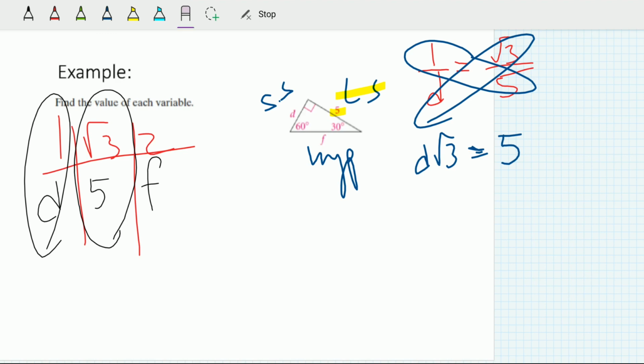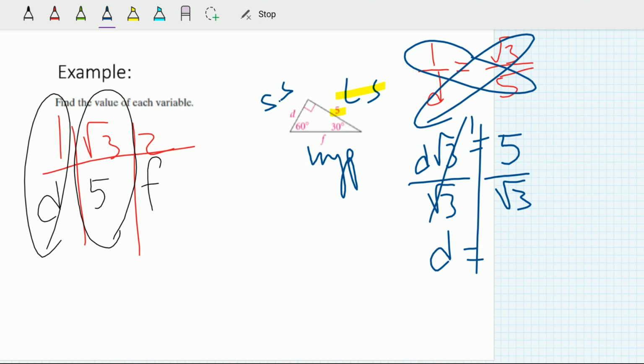So we have D square root 3 is equal to 5 after you cross multiply. And then we're going to isolate the variable, which in this case is the letter D. So I'm going to get rid of that square root 3. Since it's being multiplied, I can divide by square root 3. This is equal to 1 because they are the same number. And then we get here 5 over square root 3.